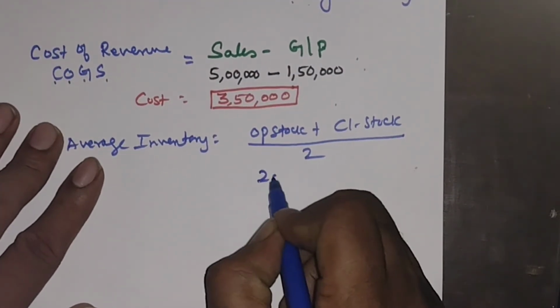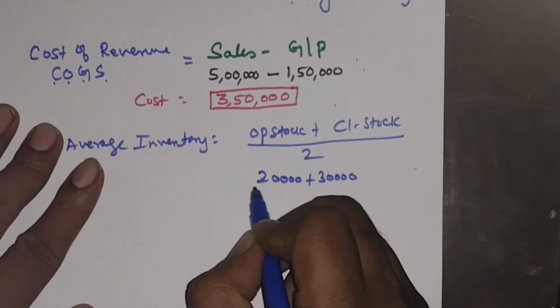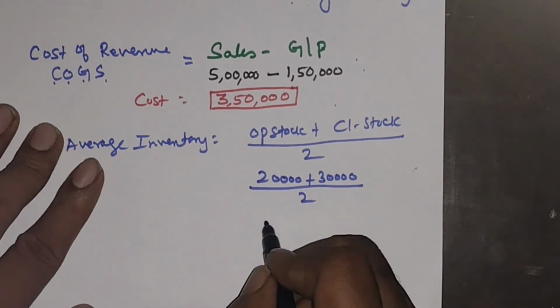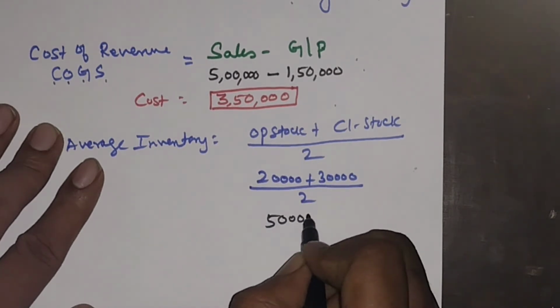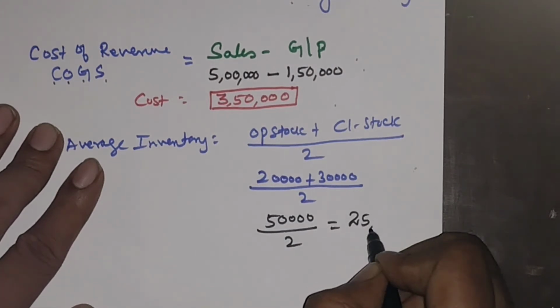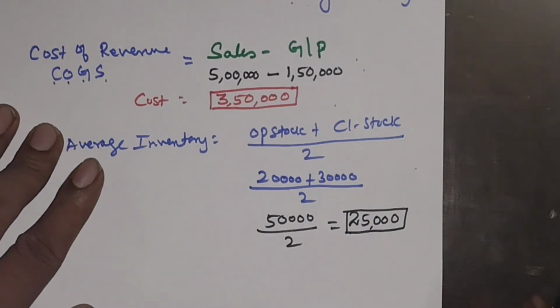Therefore, 20,000 plus 30,000 whole divided by 2. Therefore we get 50,000 divided by 2 is equal to 25,000. The average stock also we got as 25,000.